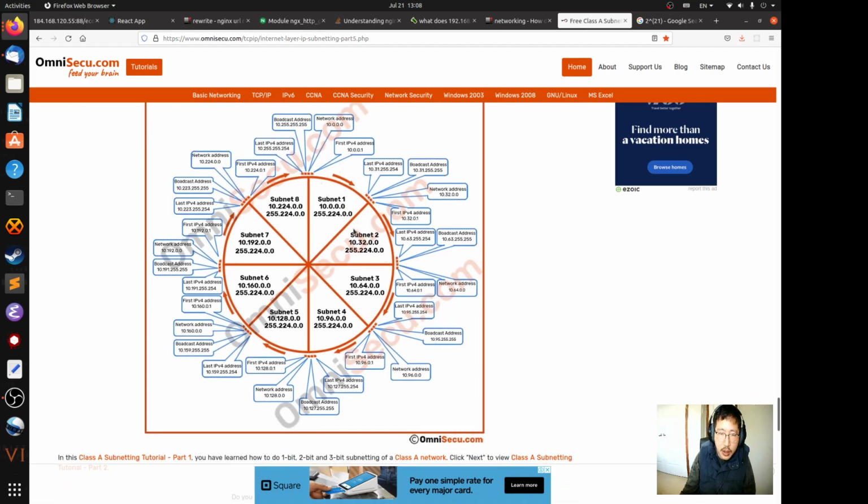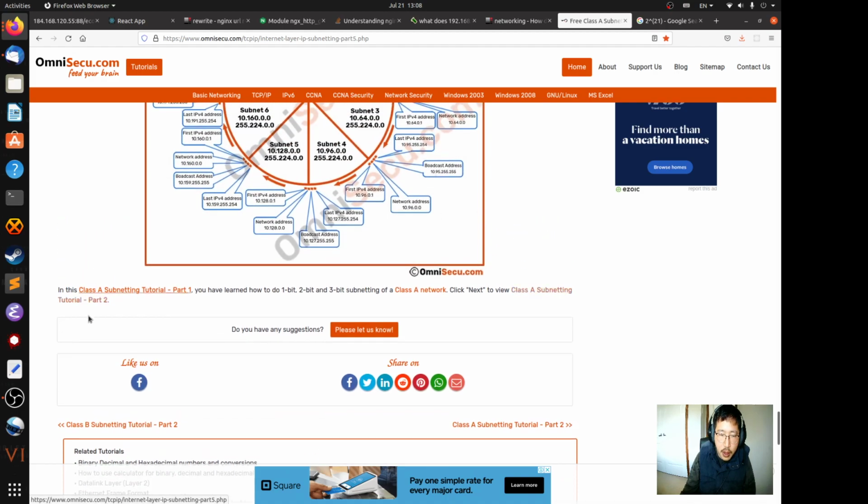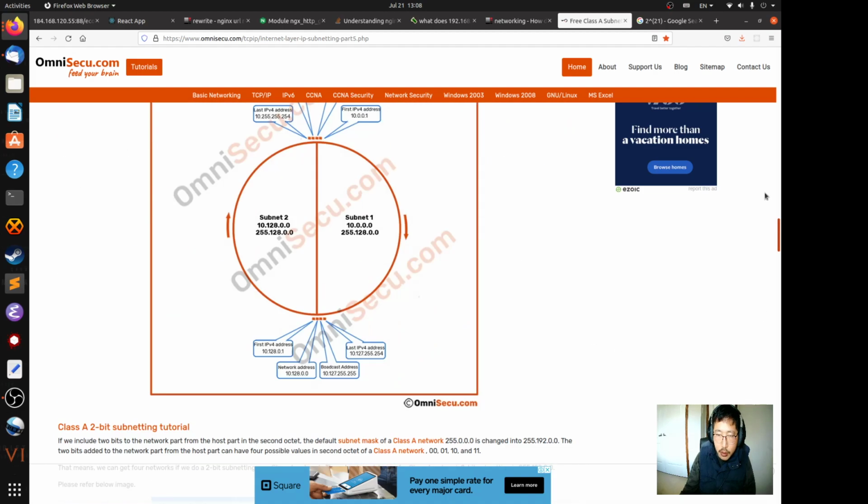Each subnet has 2 IP addresses reserved. First one is the network address, the last is the broadcast address for each subnet, not just one here and another here, but each subnet. So you should know that. Okay, let's go to part 2.